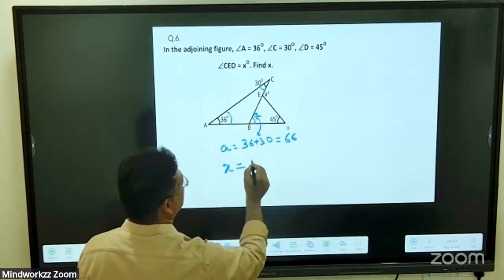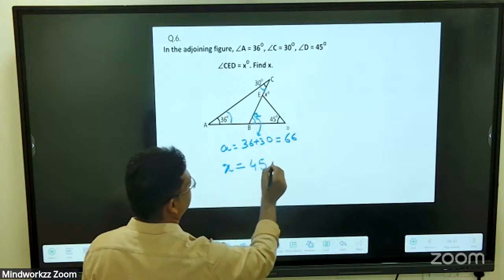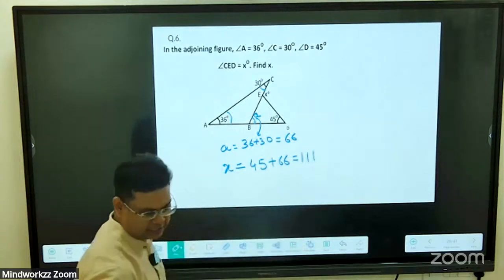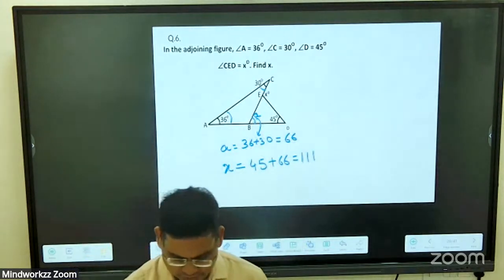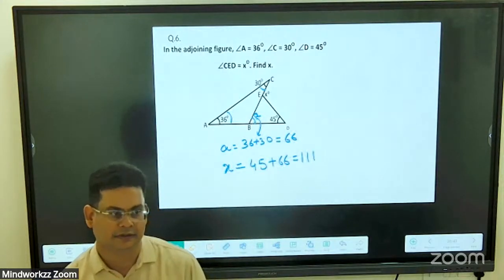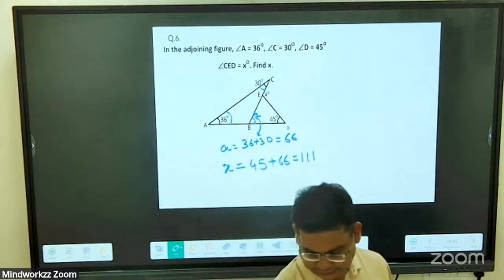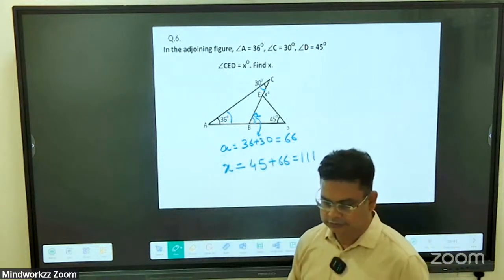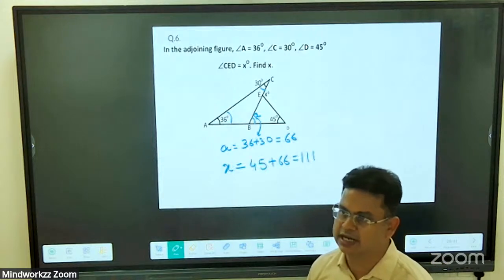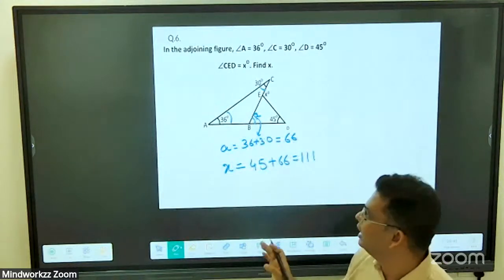X will be equal to 45 plus 66. The question can be solved in two lines. No, Jackie, it's not 105, it's triple one. I hope this is clear. Just two applications of exterior angle, two simple applications, and you get the answer.